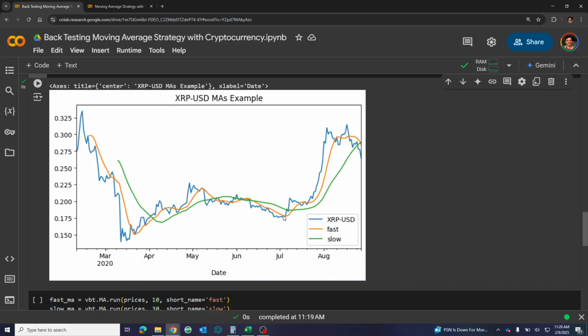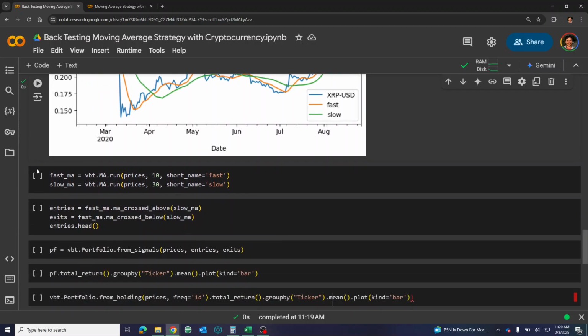And then here we have the fast going over the slow. So we put in our entry here, capture this, start exiting as it comes down. So that's the idea of this fast and slow moving average. And already just looking at this, I can see that we're going to have a lot more entries and exits than we did in previous videos. So maybe this will be more exciting.